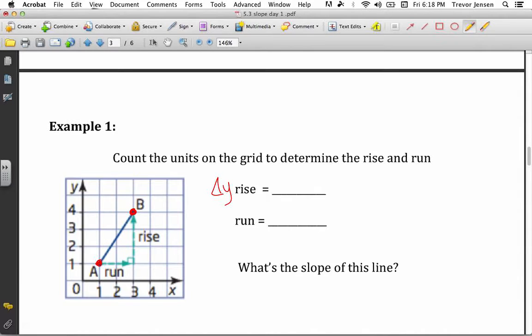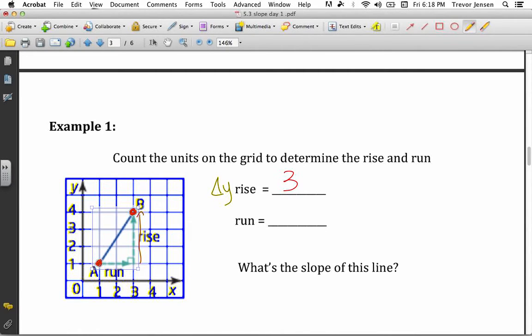I've laid that out for you here by making this right angle triangle. So the vertical distance goes 1, 2, 3 units. So my rise, and I'm counting in the upwards direction, notice, is positive 3.